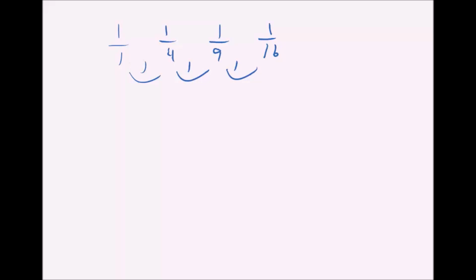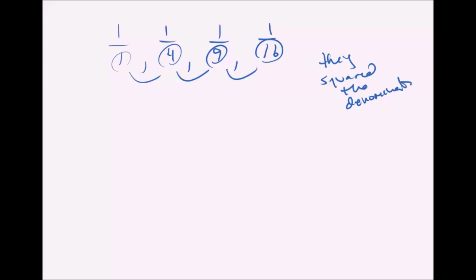It looks like the number on the bottom is getting squared. 1 squared is 1, 2 squared is 4, 3 squared is 9, 4 squared is 16. So that's what we're going to go with. They squared the denominator. That's describing the pattern. Then we're going to need to write the next term, which is 1 over 25.